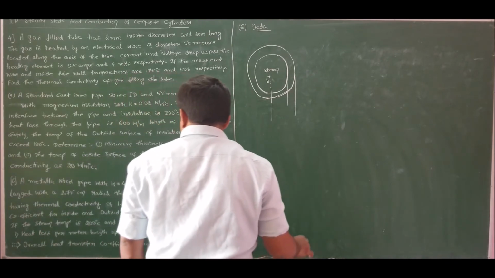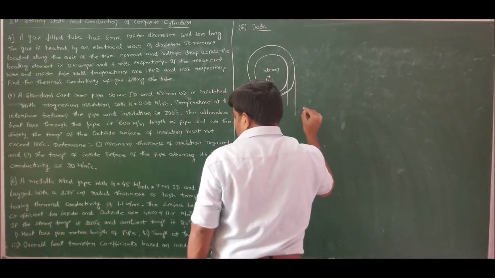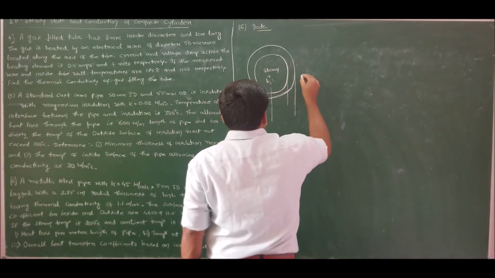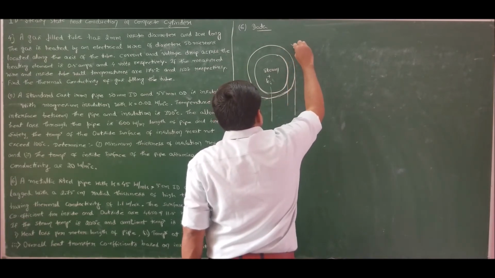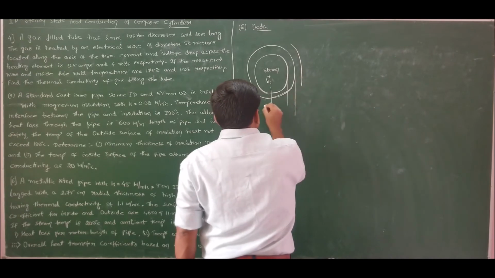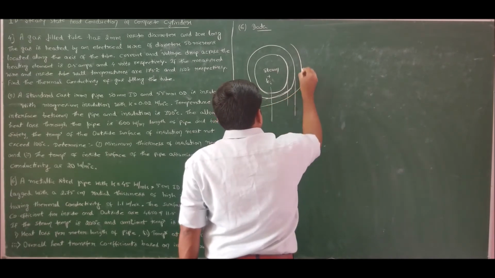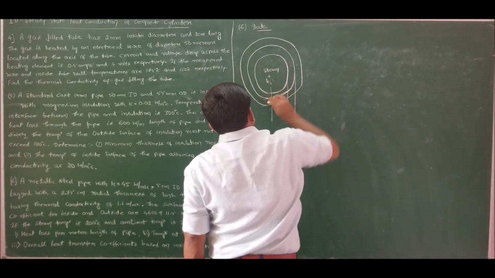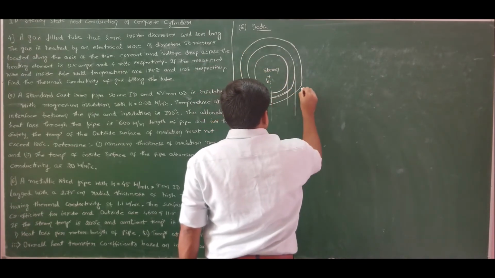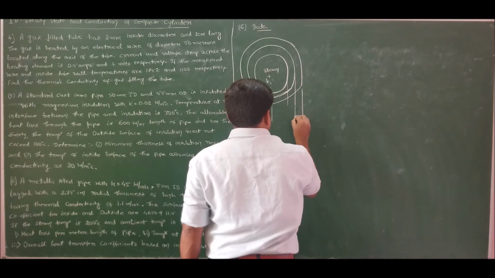And it is lagged with 2.75 cm radial thickness. So this is lagged, meaning it is insulated with a radial thickness. So he has given the radial thickness of this.